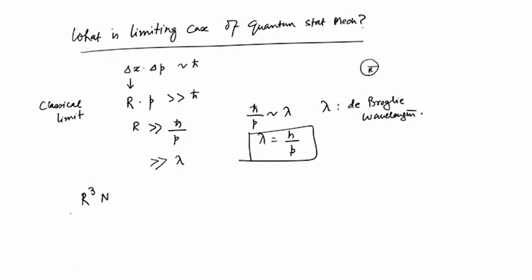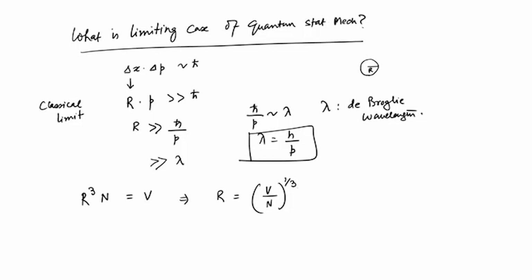There could be a 4/3 factor if you take into account the sphere, but let us forget that, and so r cube into n should be equal to V. So, we have a system with a volume V, and we are completely filling it up with objects that have volume r cube, and n of them fill this entire volume. So, this tells you that r is equal to V by n to the power 1/3. V by n is nothing but the inverse of the density.